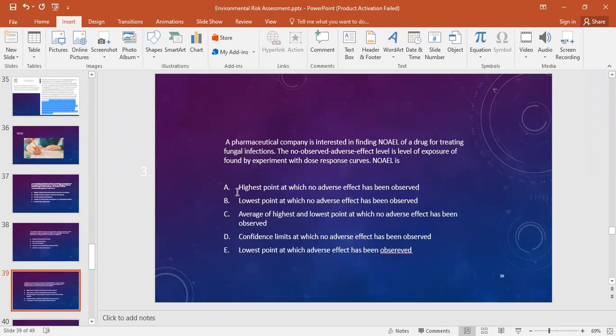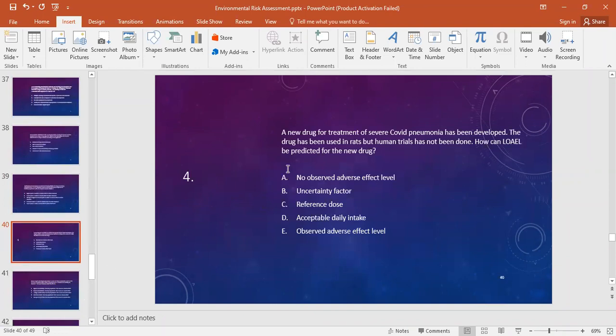So NOAEL is highest point at which no adverse effect has been observed, lowest point at which no observed adverse effect has been observed, average of highest and lowest point at which no adverse effect has been observed, confidence limit at which no adverse effect has been observed, and lowest point at which adverse effect has been observed. C. A is the right answer, highest point at which no adverse effect has been observed.